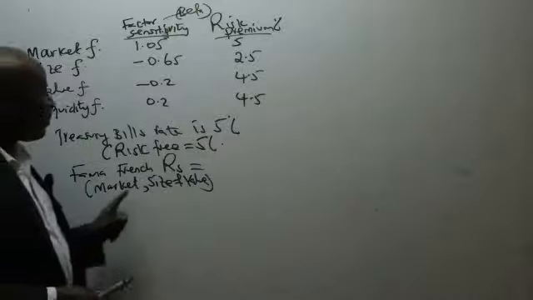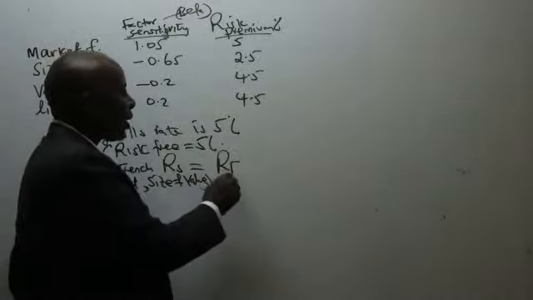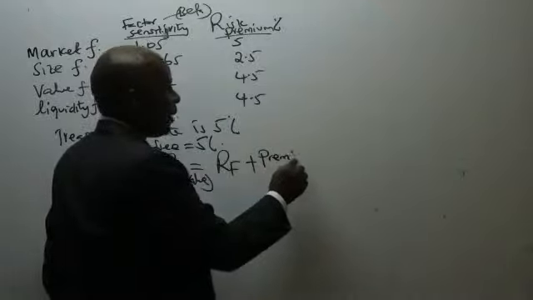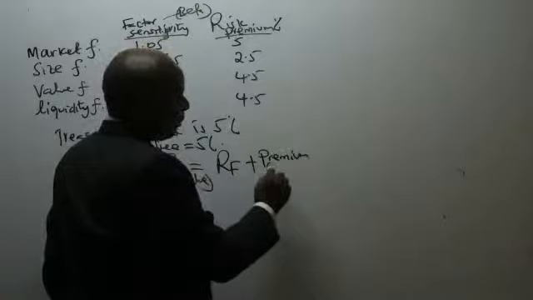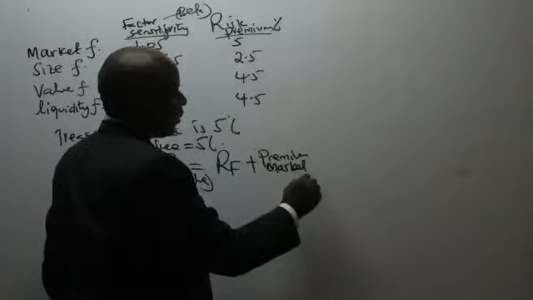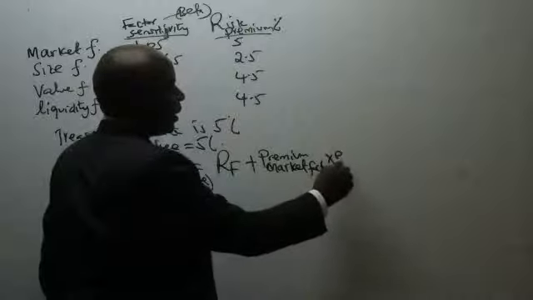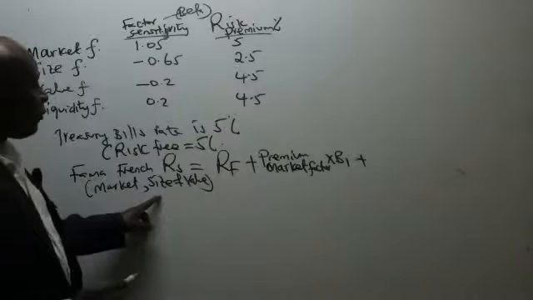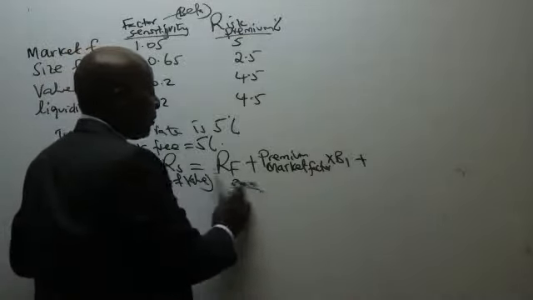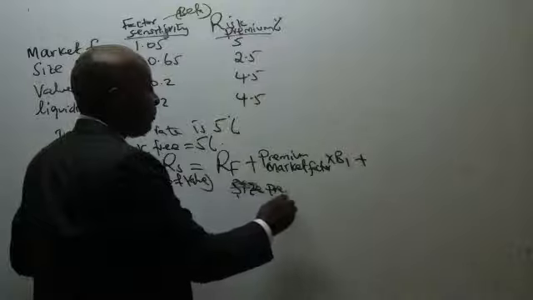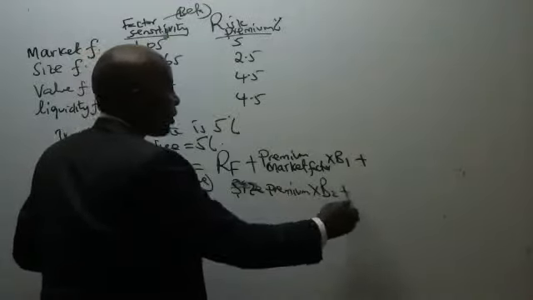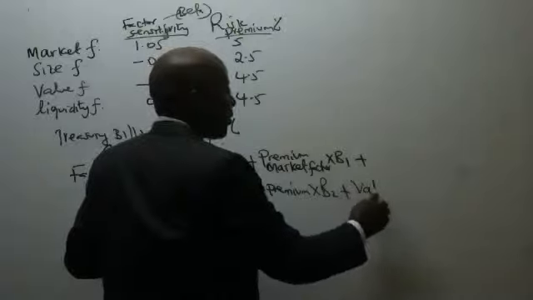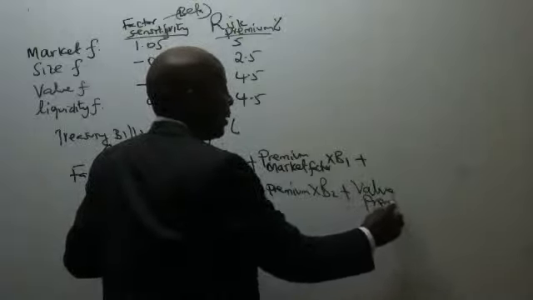So in short, ladies and gentlemen, my Fama-French returns will be equal to the risk-free rate plus the premium of the market factor times beta 1, plus the size premium times beta 2, plus the value premium times beta 3.